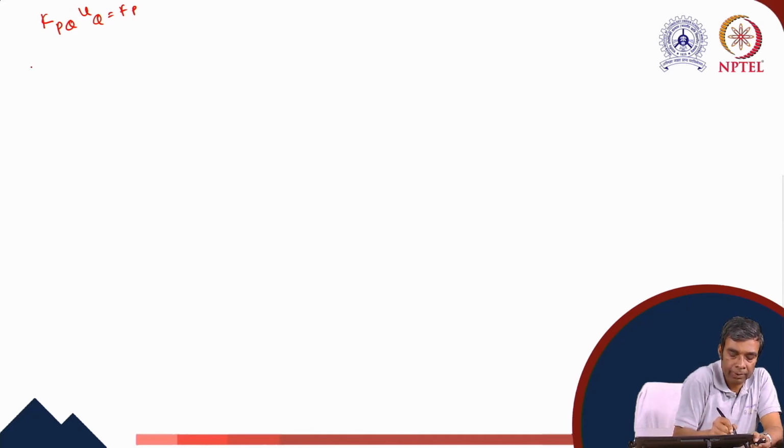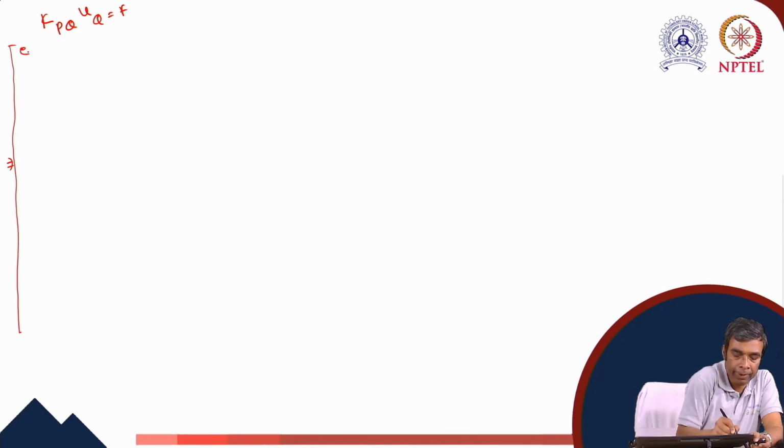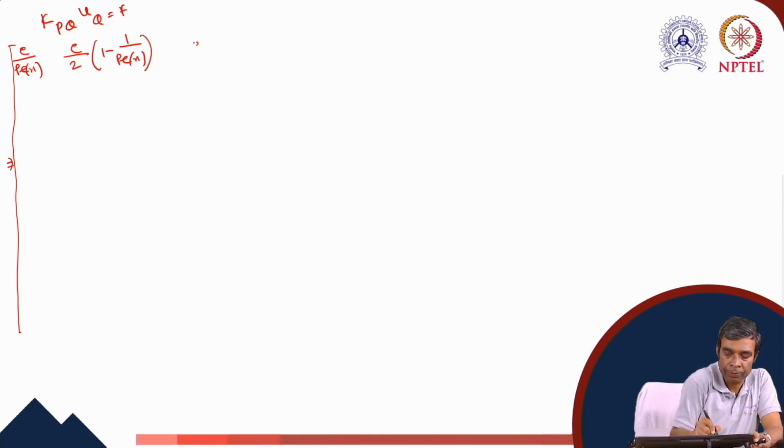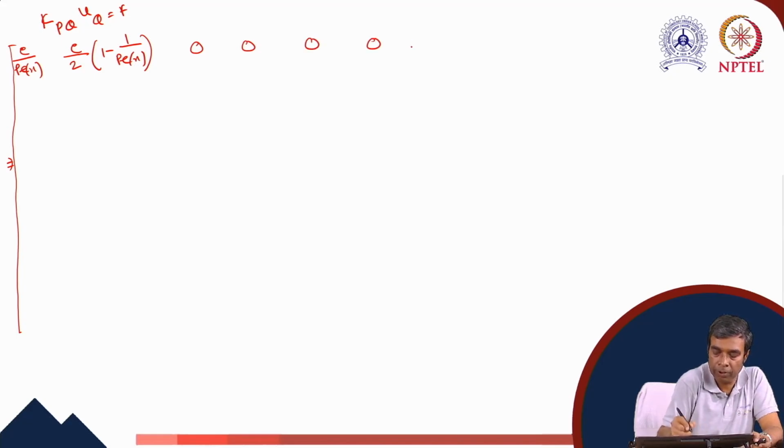This gives us, in the first equation, C by PEX, C by 2 into 1 minus 1 by PEX, then 0, 0, 0, 0, 0, 0, 0.